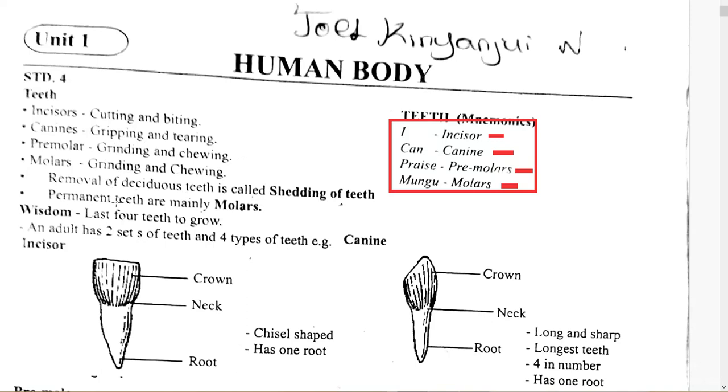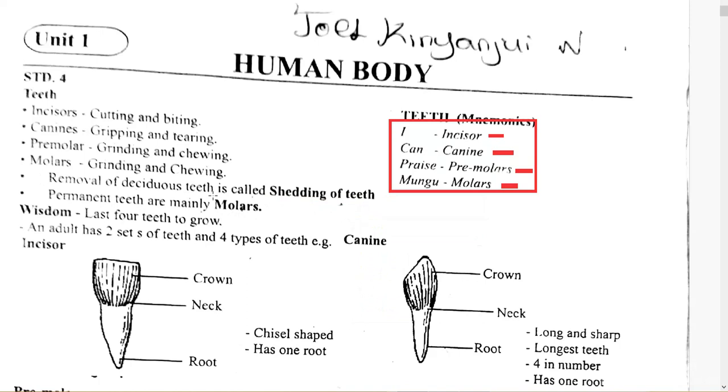The first teeth which come out of the mouth, and then another set of teeth comes. The removal of the deciduous teeth is called shedding of the teeth. Permanent teeth are called molars.